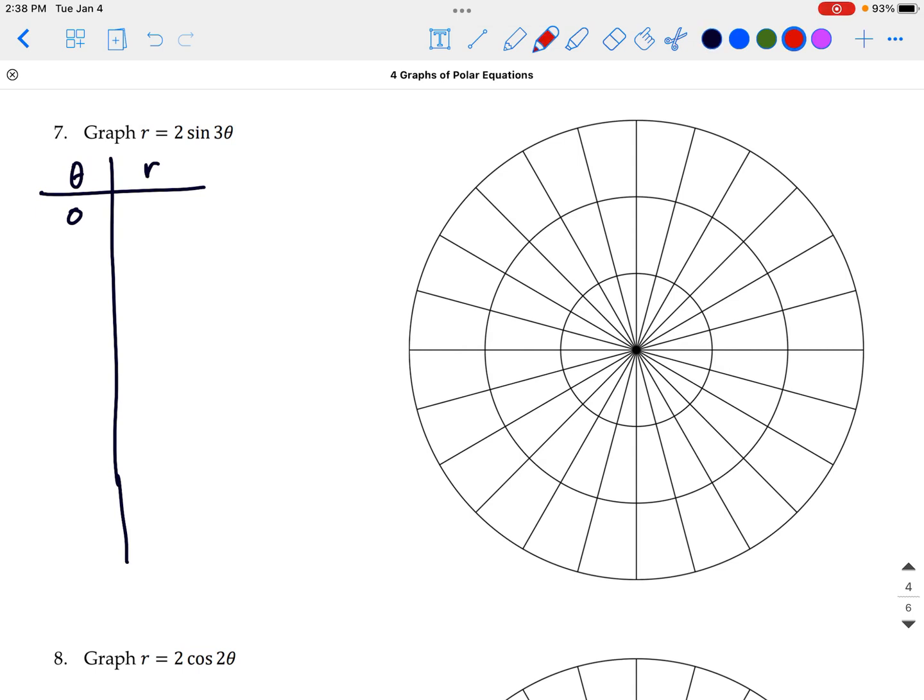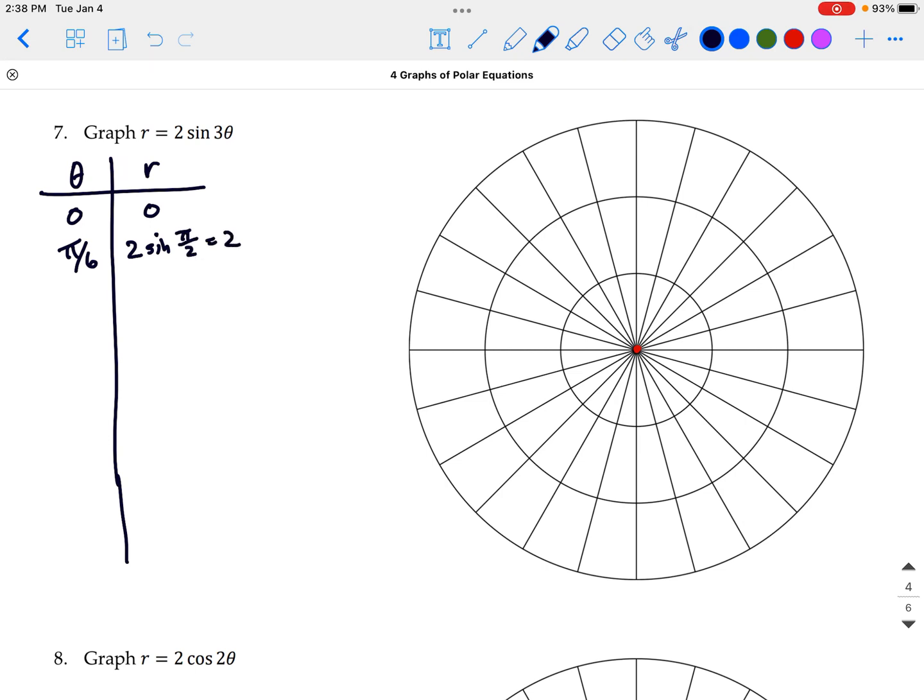So we'll note at 0, sine is just 0. So we're going to start at the pole as our initial coordinate. And maybe we'll look at pi over 6, since that's a nice angle measure typically for sine here. We'll see that we're going to have to multiply it by 3 here. So this is going to be 2 sine of pi over 2.